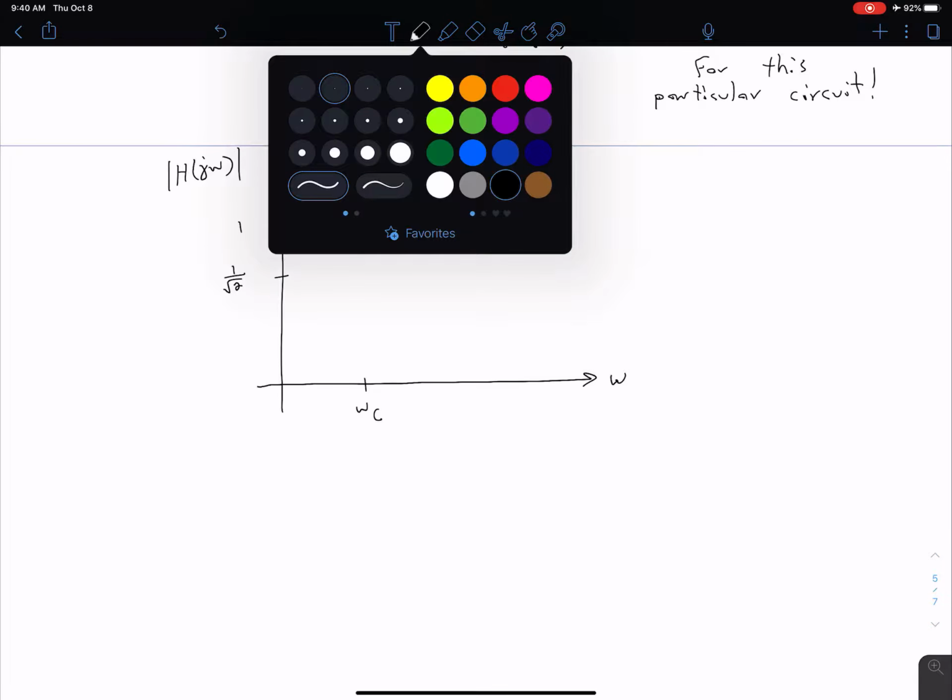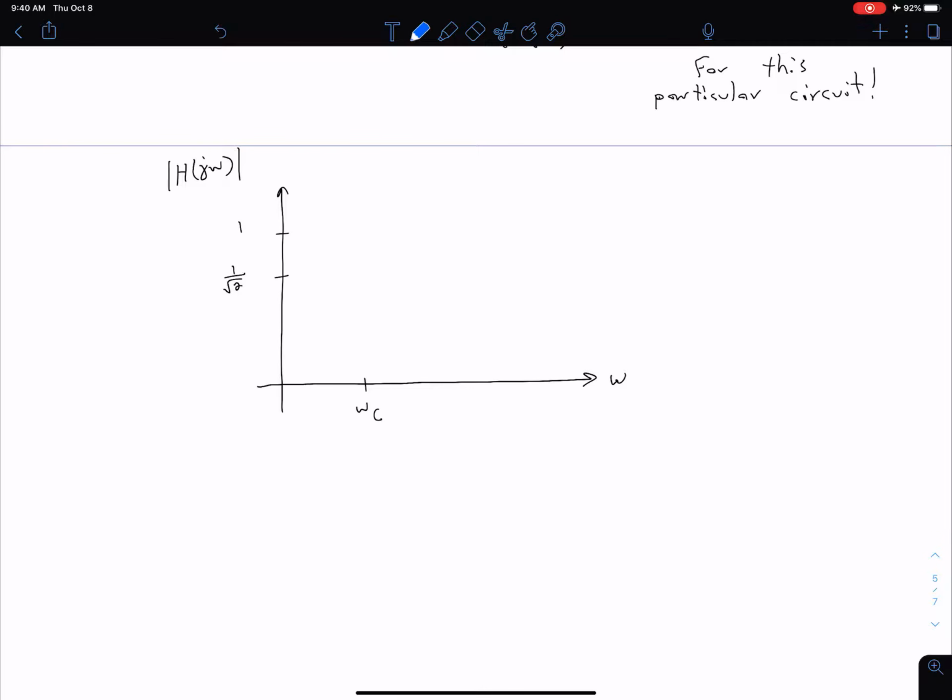So let's do our ideal first, and that's going to give us a baseline. We know our ideal is 0 for less than omega c and 1 for all values above omega c. So this is our ideal case.